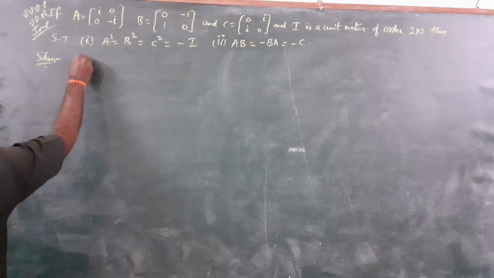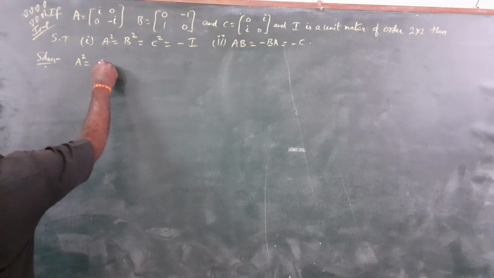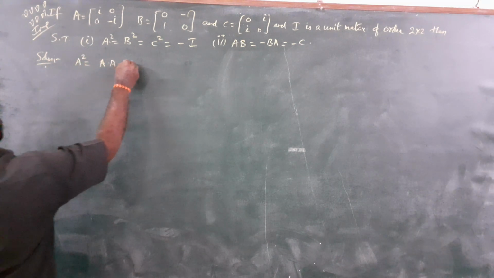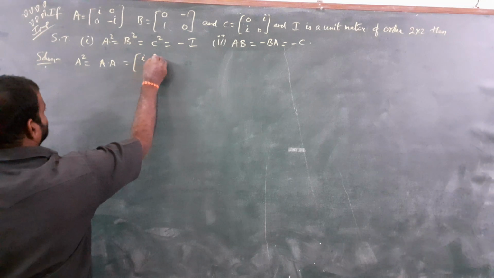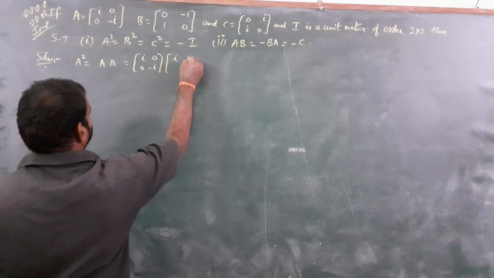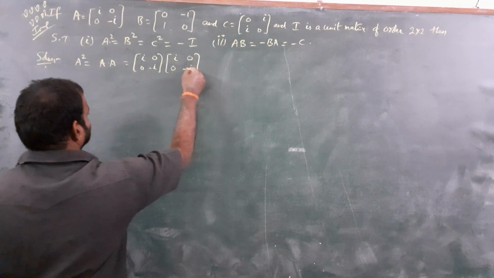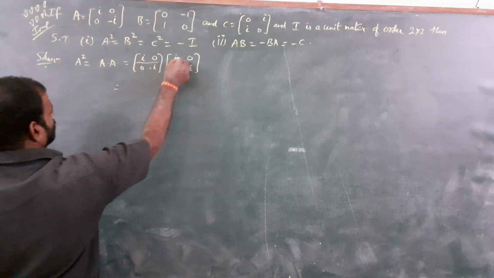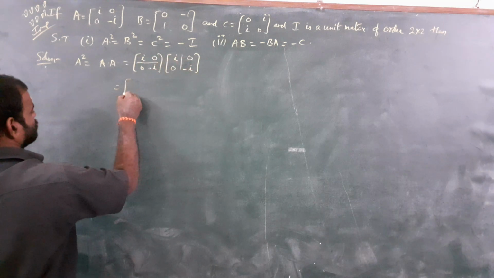First we are going to find A square. A square means A into A. So is equal to, what is A? [i, 0; 0, minus i] into [i, 0; 0, minus i]. Okay. So this row and this column like this you have to multiply.